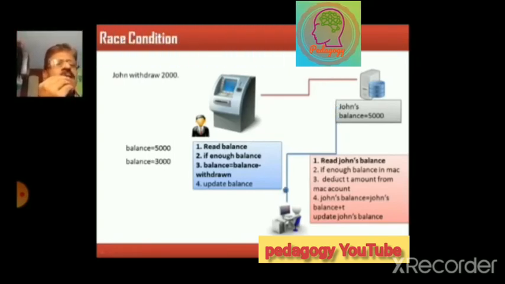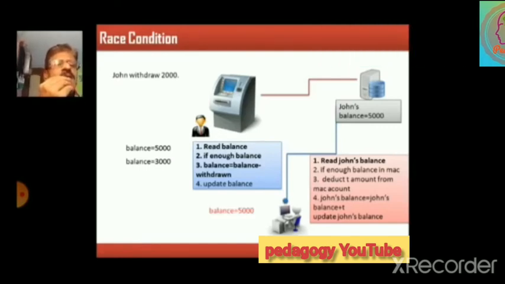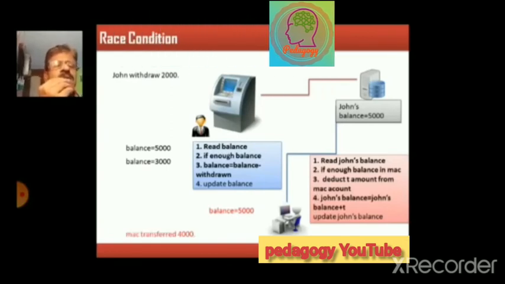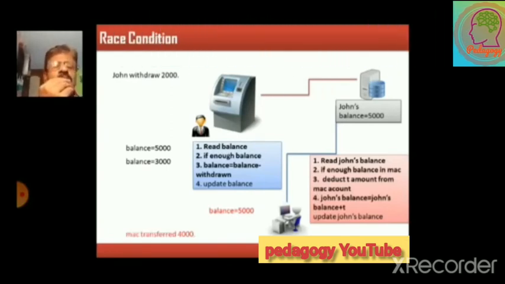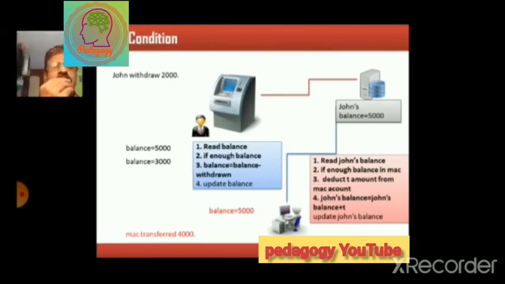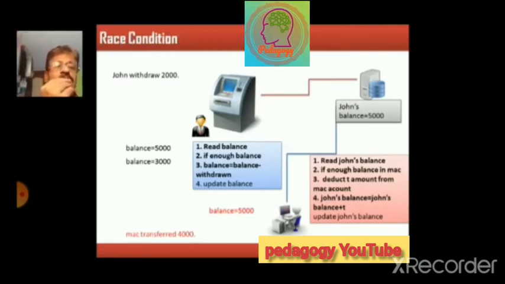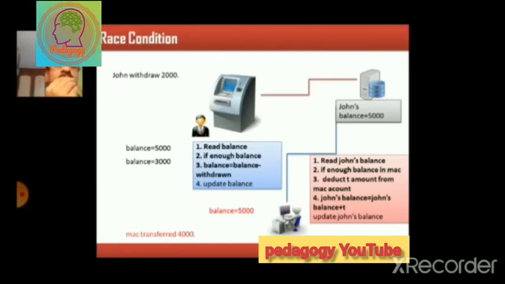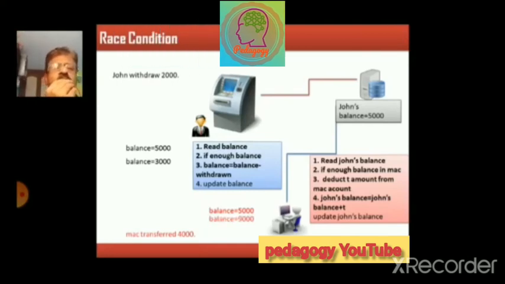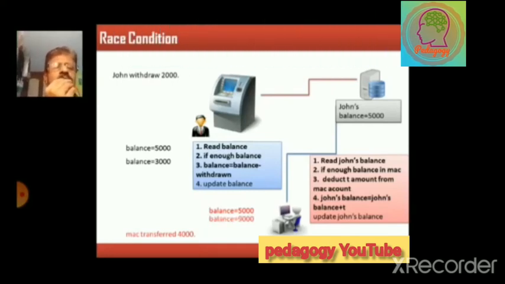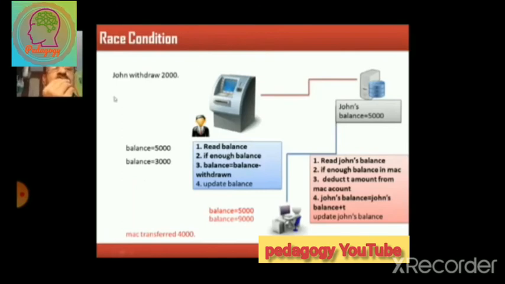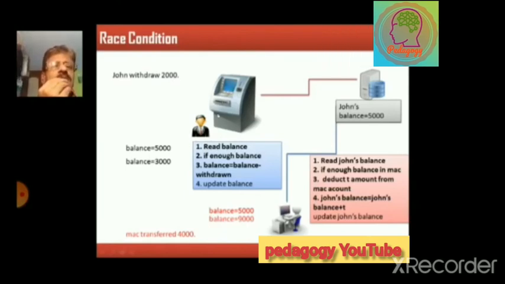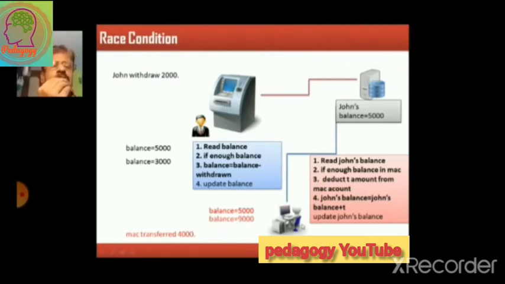But at the same moment, whenever John wants to withdraw, some other person known as Mac transfers 4,000 to John's account. Now what will happen? This is the race condition. If we do not maintain synchronization between both, the balance may be 9,000, because the withdrawal doesn't reflect on the DBMS.